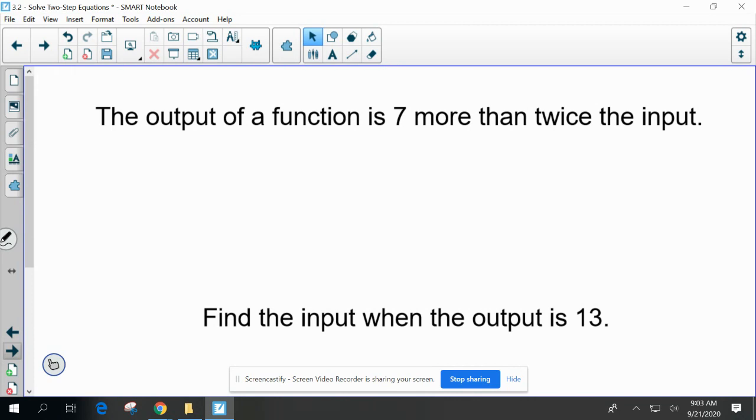So this is number 7. So we're going to do the same process. The output of a function is 7 more than twice the input. So start with your output. 7 more than twice the input. Peyton? 2x plus 7. Yes.